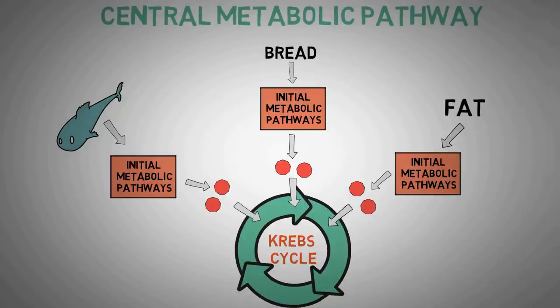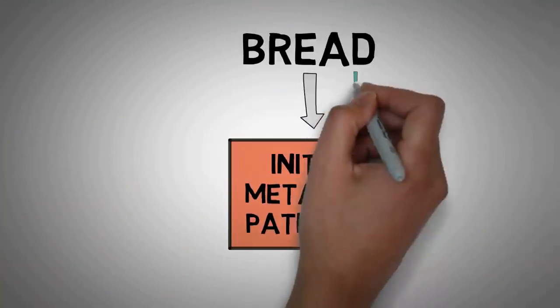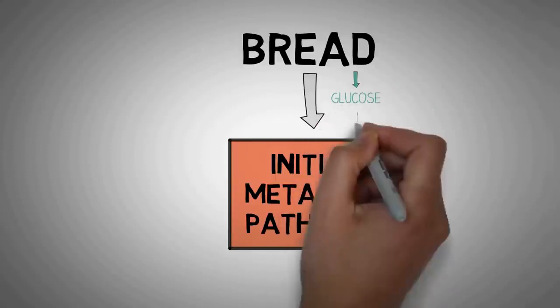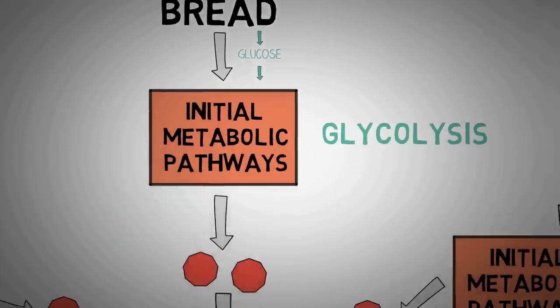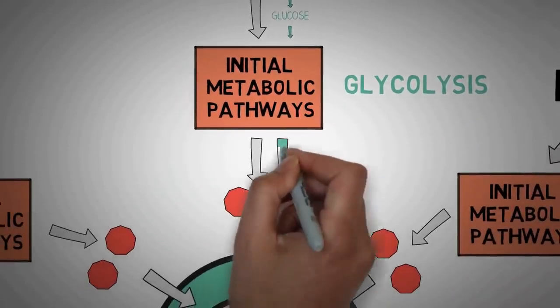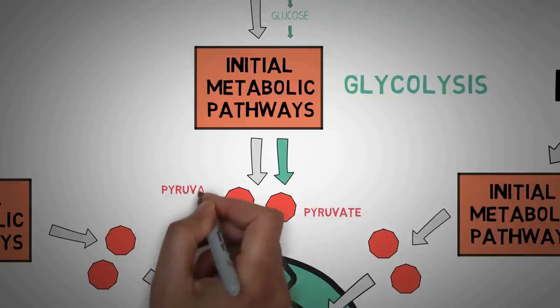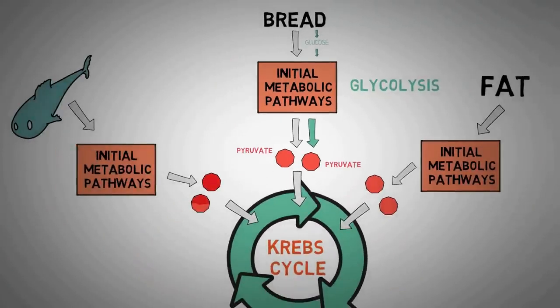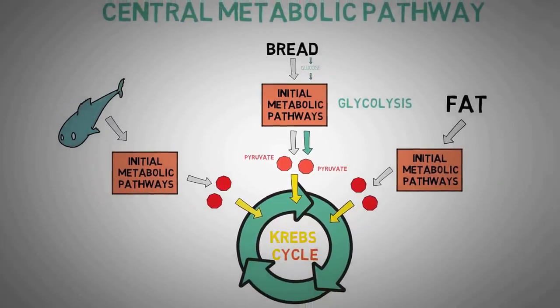Like if we take the example of carbohydrates, carbohydrates are digested into simple sugars like glucose, and the glucose is first processed by initial metabolic pathways like glycolysis. Glycolysis produces pyruvate, and similar products are produced by the initial metabolism of fats and proteins as well. The pyruvate is then fed into the central pathway, that is the Krebs cycle. So the Krebs cycle provides a central pathway that connects carbohydrate, fat and protein metabolisms.